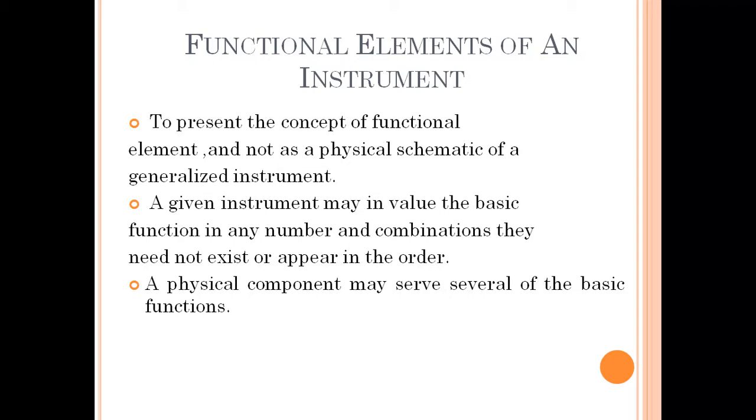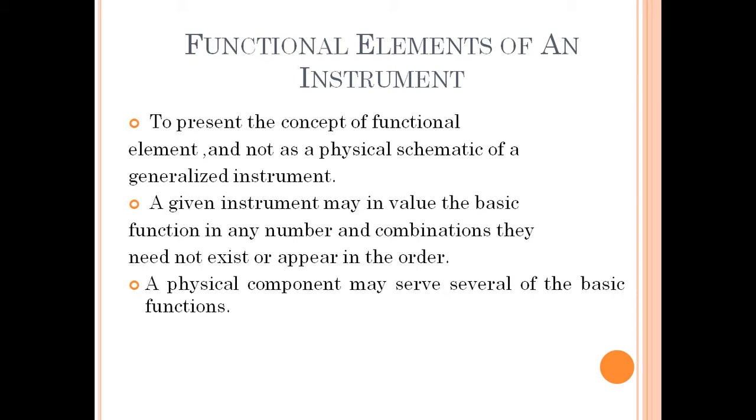Most of the measurement systems contain three main functional elements: primary sensing element, variable conversion element, and data presentation element. Each functional element is made up of distinct components or groups of components which perform the required and definite steps in the measurement.